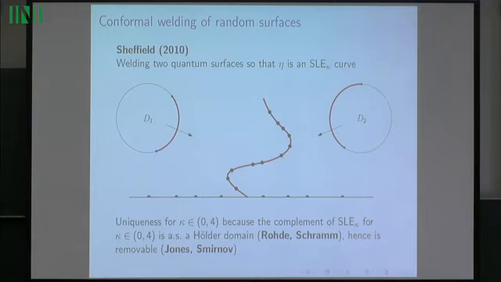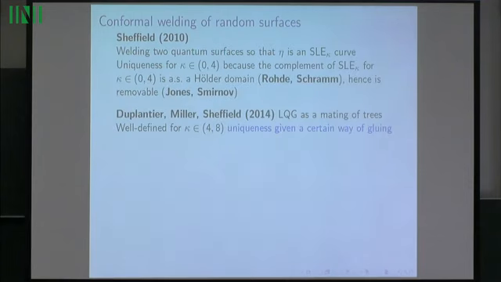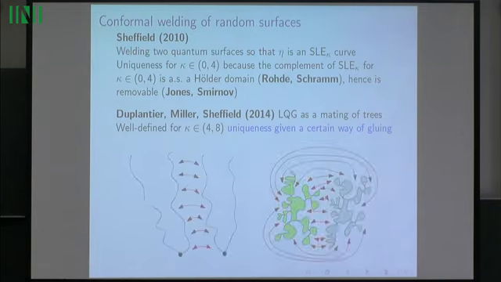Then later in 2014, Duplantier, Miller, and Sheffield, in their paper Liouville quantum gravity as a mating of trees, defined the conformal welding for kappa between 4 and 8. They say there is a unique way to weld together two loop trees.